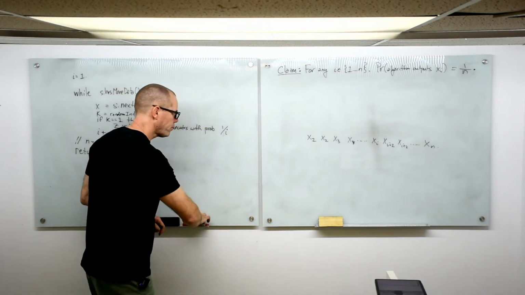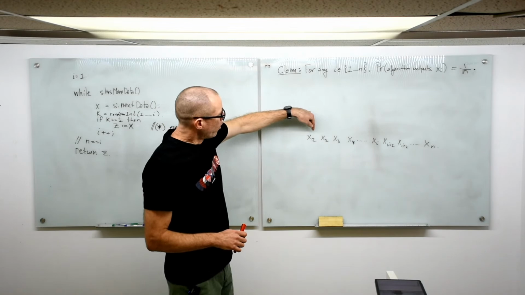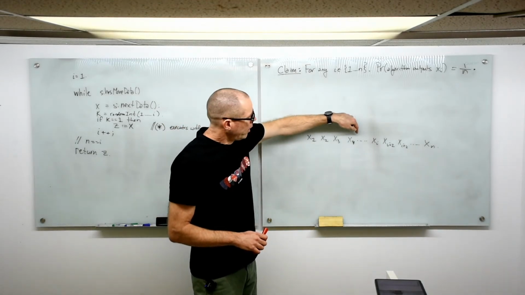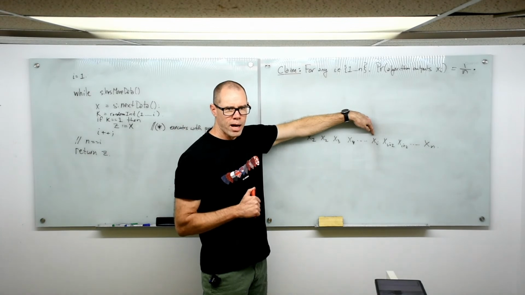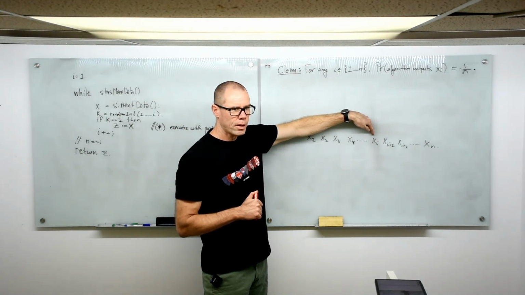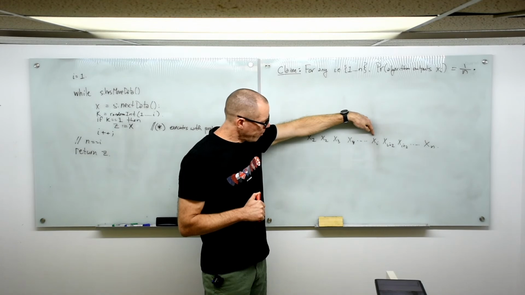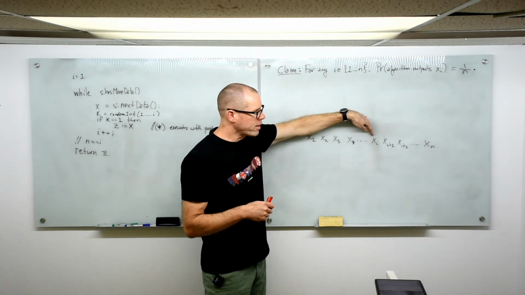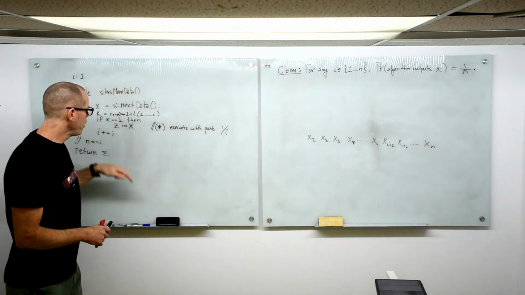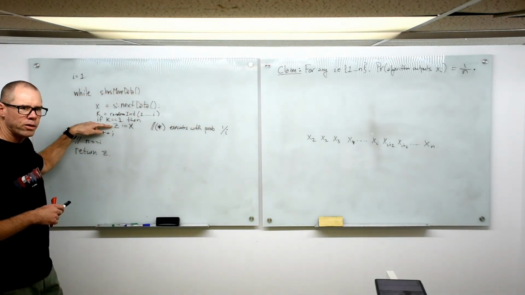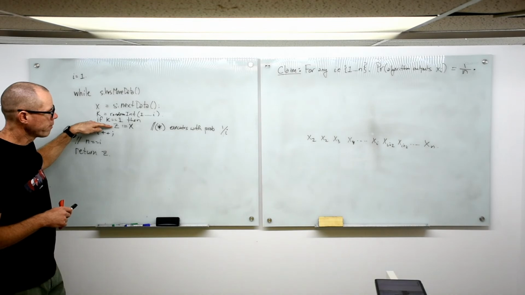So the algorithm runs for a while, and then finally during the ith iteration it sees the value xi. Now if it's going to output the value xi at the end, then this line here better execute during the ith iteration.